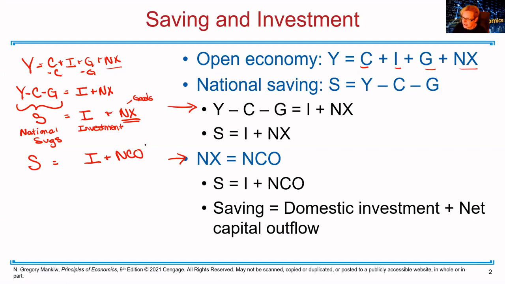Because that's like the dollars or the foreign currency, depending on which one it is. So basically, we have a new idea that national savings, or savings, is equal to the domestic investment, which is I, plus the net capital outflow, which is what you see here.